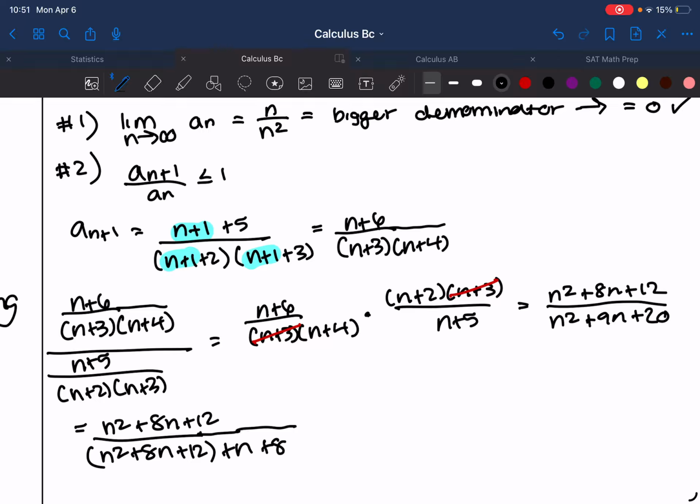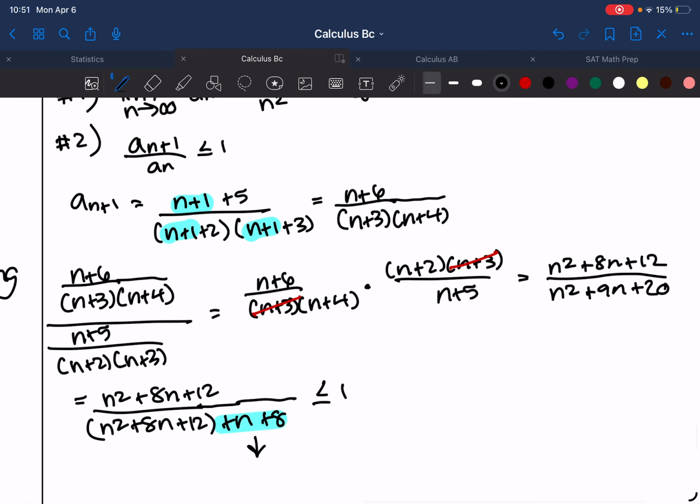And since the denominator is larger than the numerator, then that proves that when we look at this ratio, this is going to be less than or equal to 1. Okay, so again, this additional n plus 8 tells us that the denominator is larger than the numerator, which proves that this is less than or equal to 1.